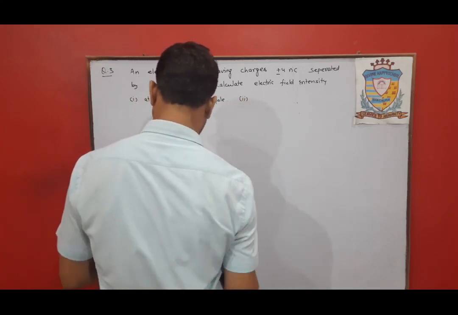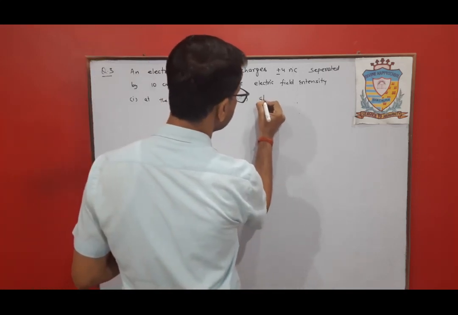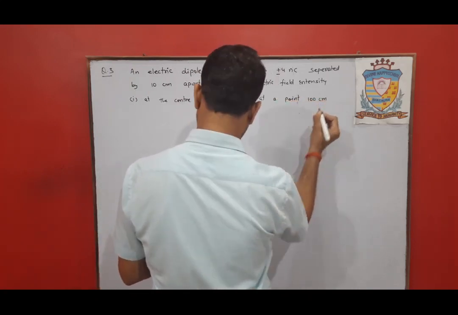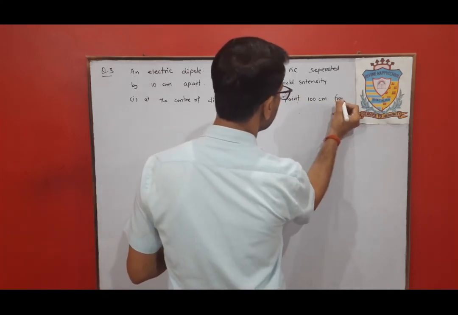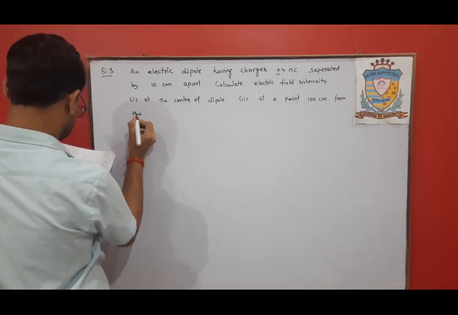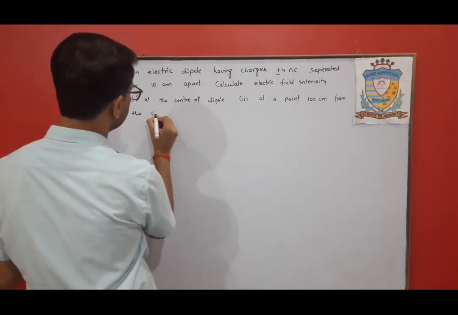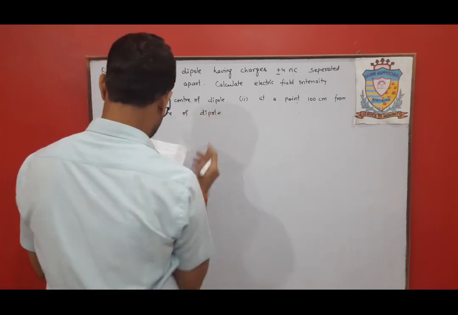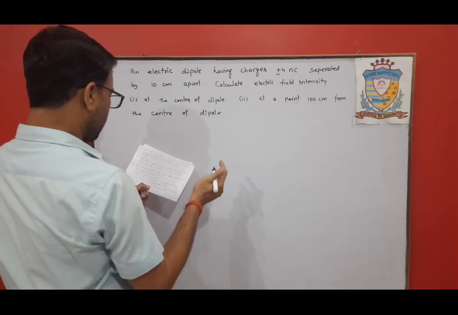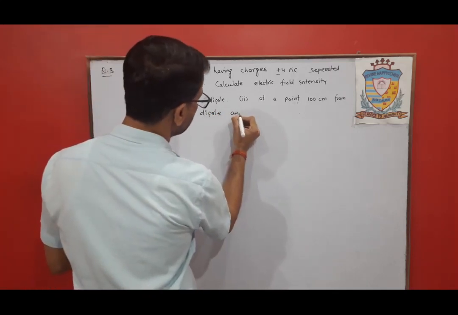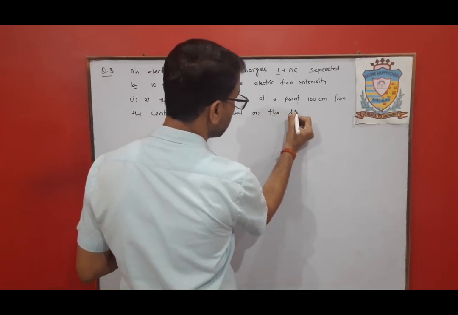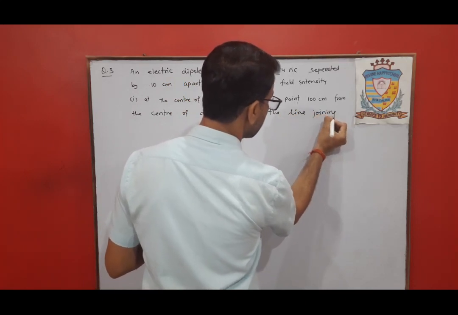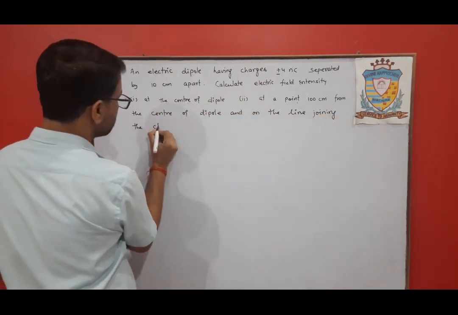second, at a point 100 centimeter from the center of the dipole and on the line joining the charges.